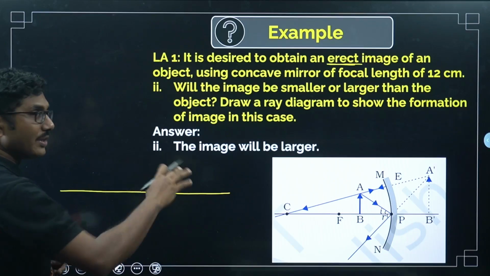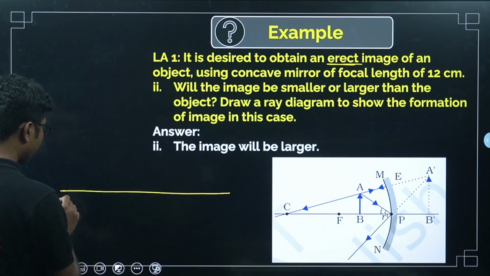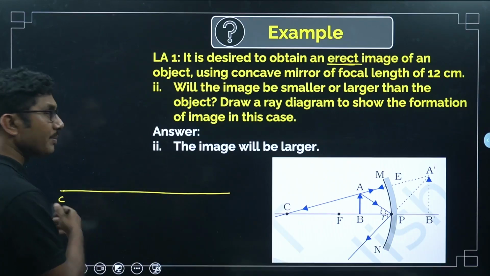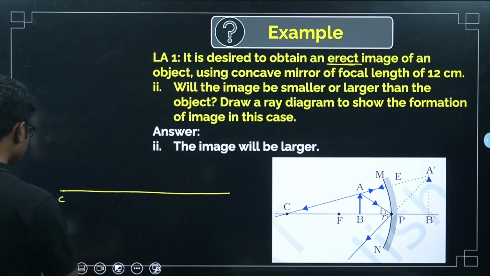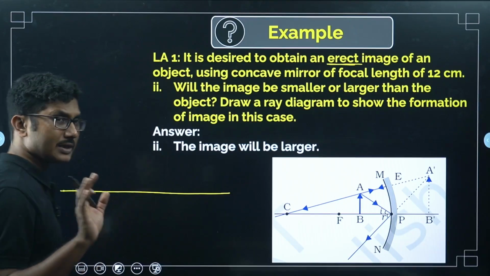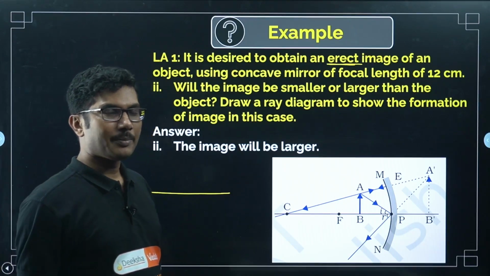Don't take it at the extreme. If you take the center of curvature at the extreme end of the paper, then you may not be able to draw the diagram. So always take the center of curvature somewhere in the middle for a concave mirror. For a convex mirror, it is okay, everything is happening behind the mirror and within the focal length.